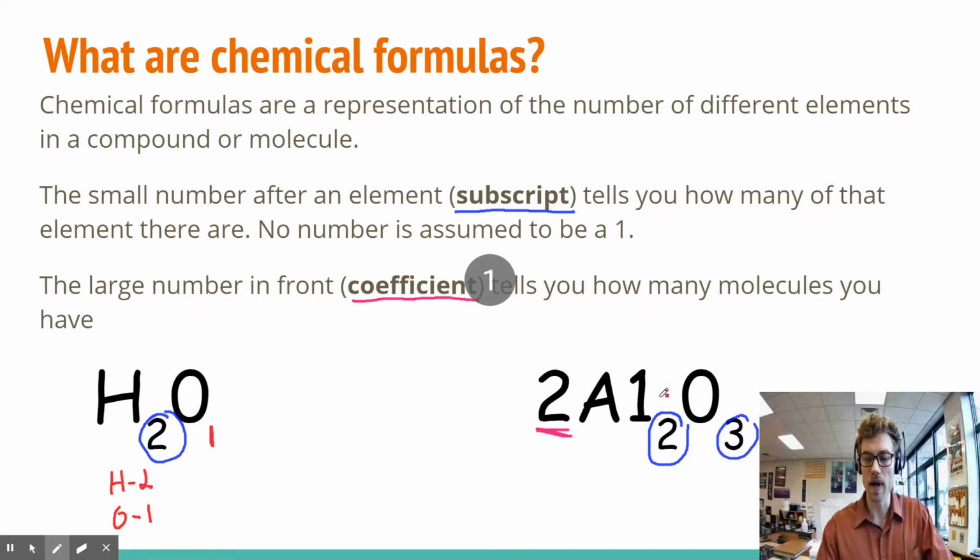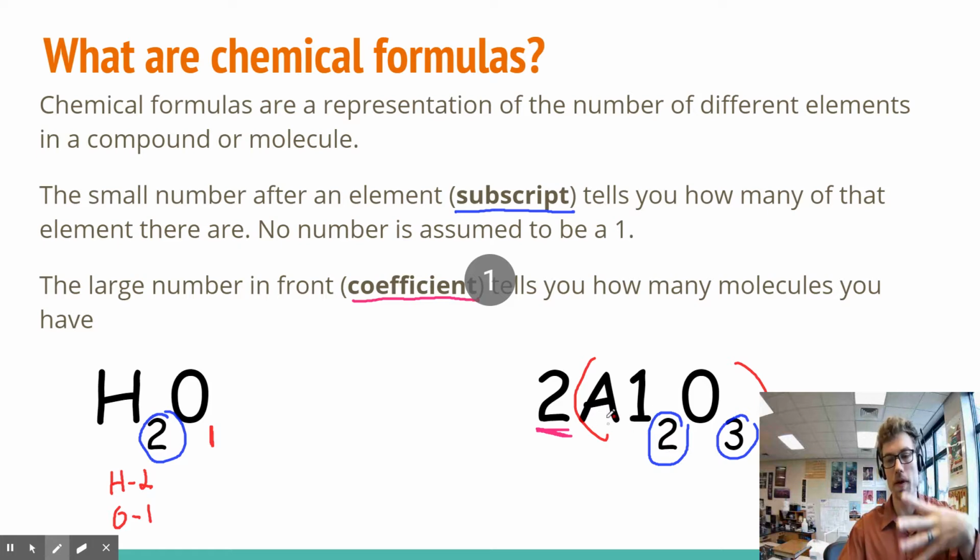For the second one, we have 2 Al2O3. The 2 in front is telling you that we have 2 of everything that comes after it. Really, you can think about this kind of like in math when you have parentheses. The 2 is going to multiply across everything. So in Al2, we have 2 aluminums, but we also have a 2 out in front, so it's really 4.